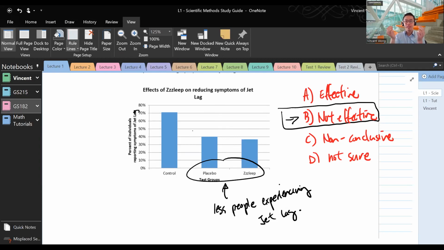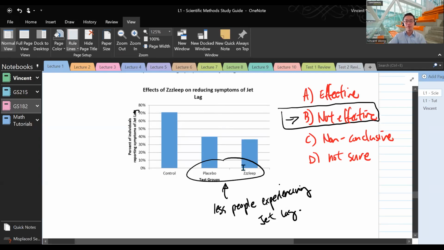Both of them are going to help you reduce the symptoms of jet lag compared to control, right? So why would I take the pill when I can just take a piece of candy, the sugar pill, right? Because the sugar pill did as well as the drug itself. So based on this result, we can conclude that the pill is not effective.